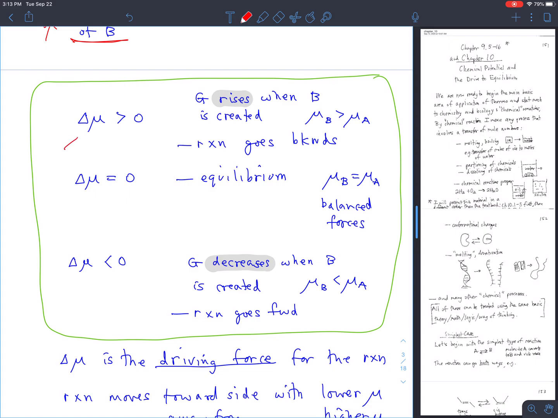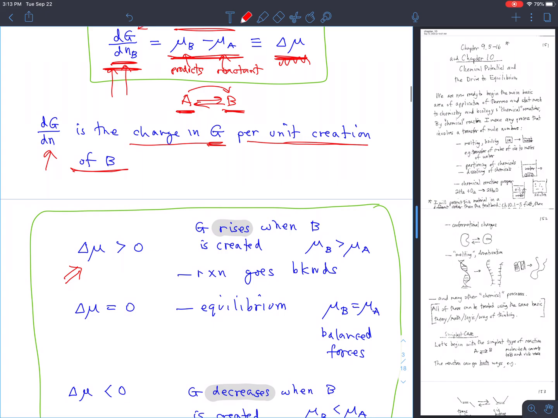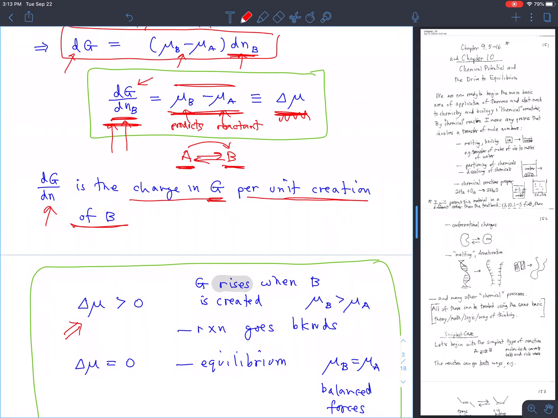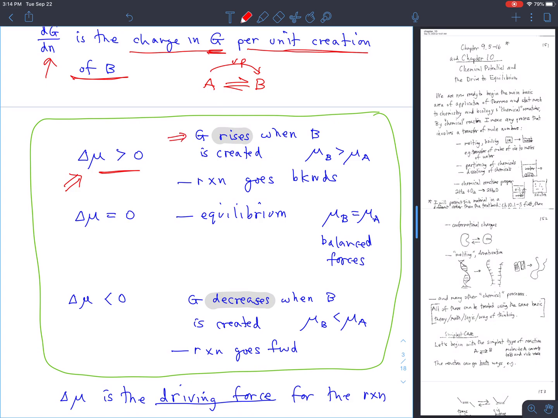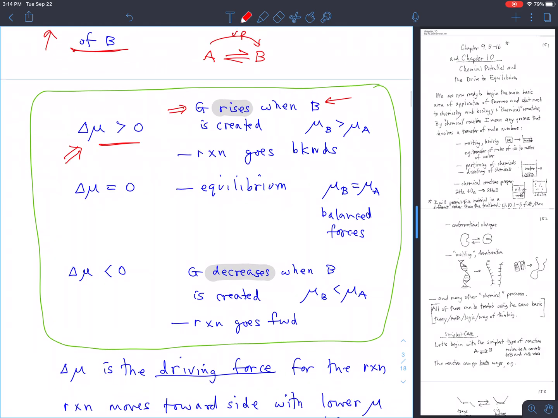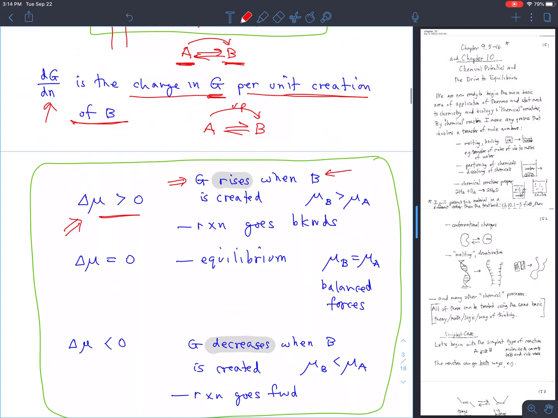That means that if the chemical potential difference between the two sides is greater than 0, which means that the chemical potential for the products, for B, is greater than the chemical potential for the reactants, A, so the chemical potential goes up as we go from the reactants to the products, then that means that the Gibbs free energy is rising when we create B molecules. And that means that the entropy change of the universe will be going down, right, because of the minus sign here?